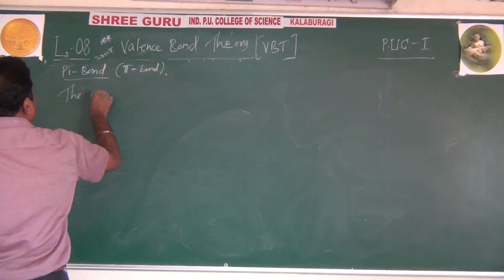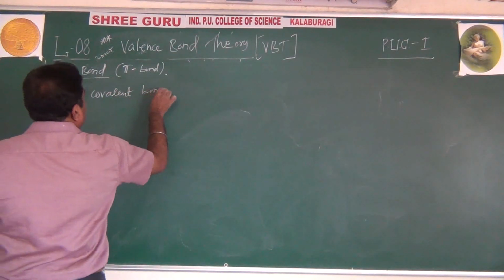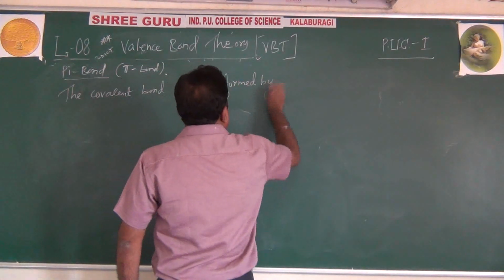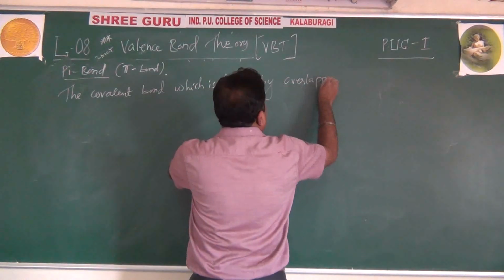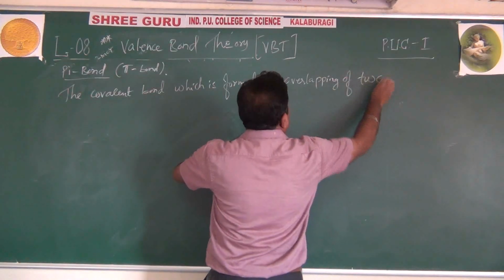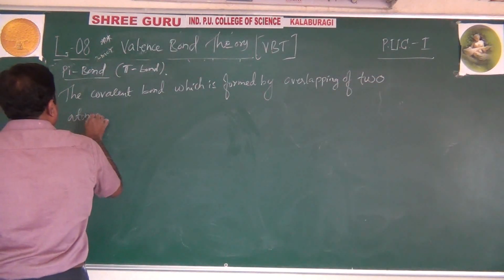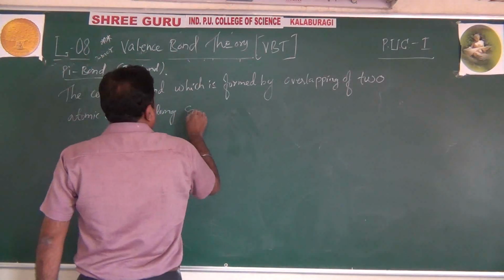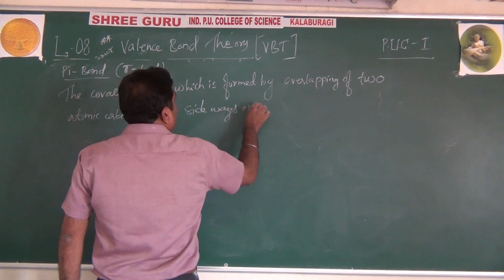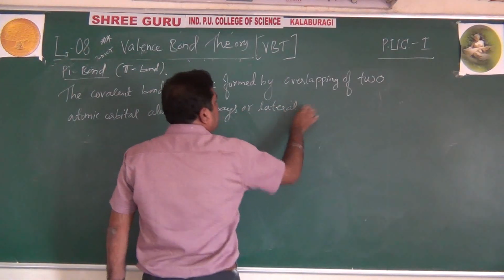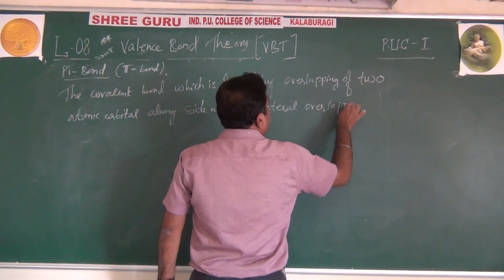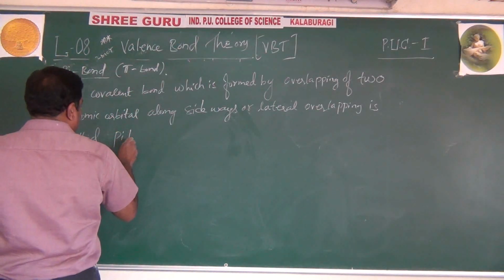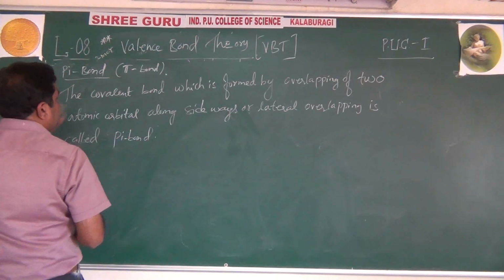The covalent bond which is formed by overlapping of two atomic orbitals sideways or lateral overlap is called pi bond. Symbolically it is given as this.